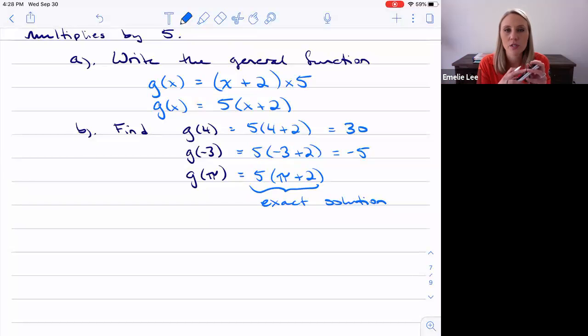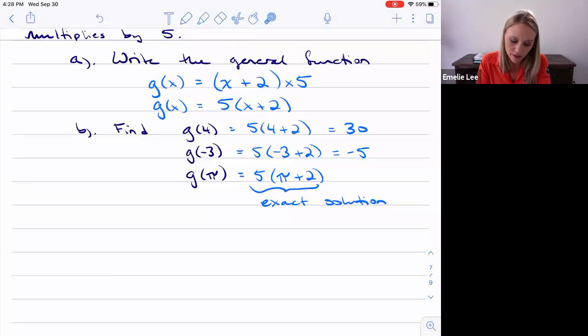We would just use pi as a constant, the constant that it is. All right, so this is the exact solution. You could expand it and say 5 pi plus 10, but that's the same thing, right? So there you have it.